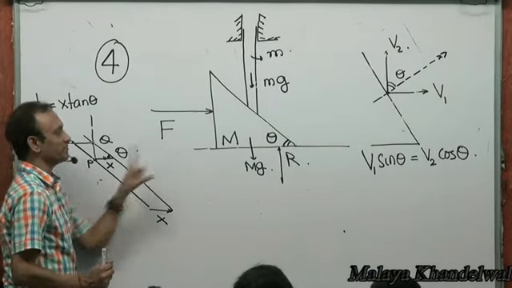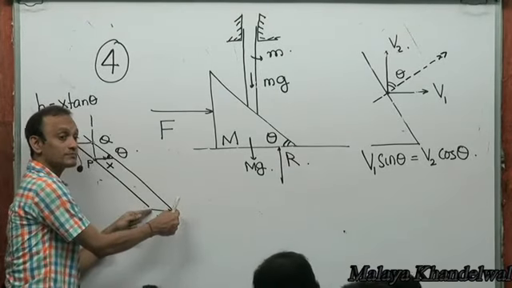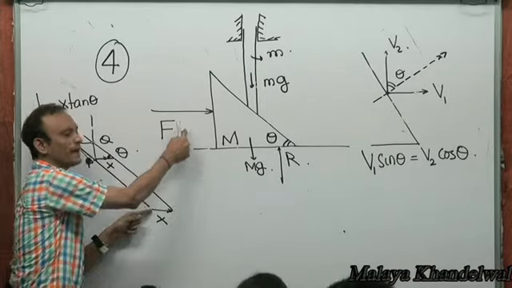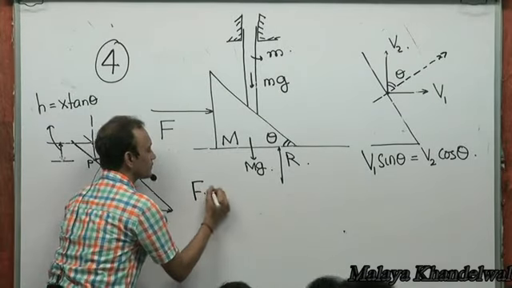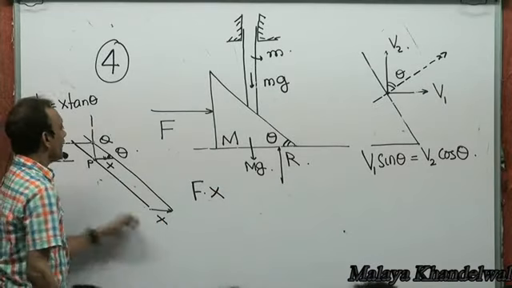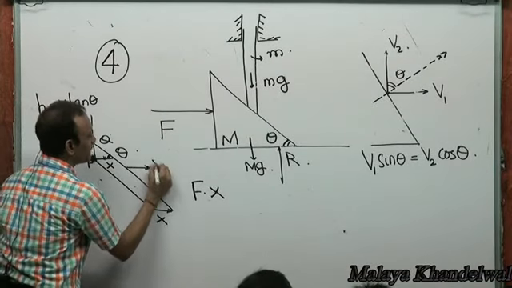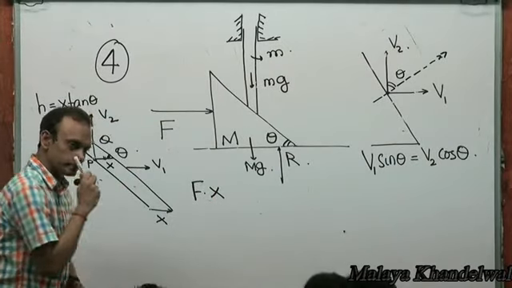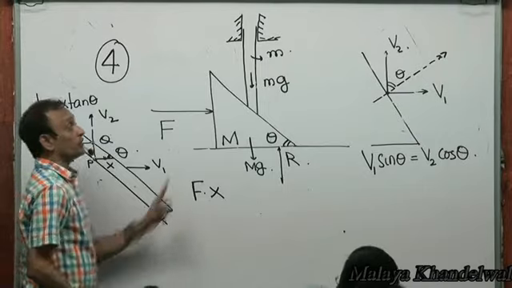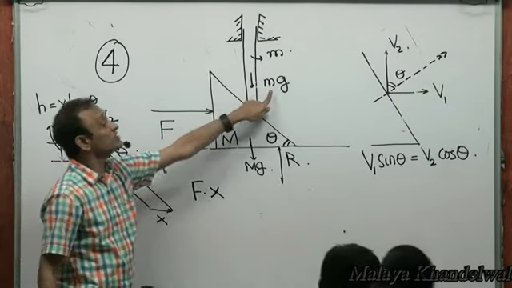What's the work done by F? F into X? Yes or no? Work done by F is going to be F into X. And by this time, the inclined plane develops a velocity v1, the rod develops a velocity v2, and v1 and v2 are connected by this relationship, right? Then, what's the work done by small mg?